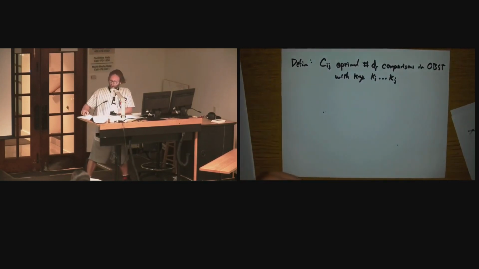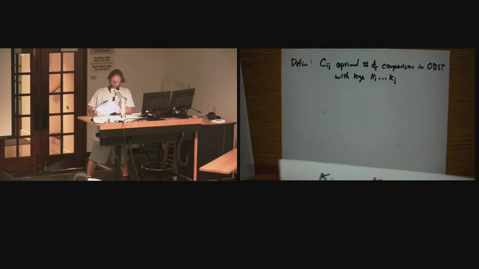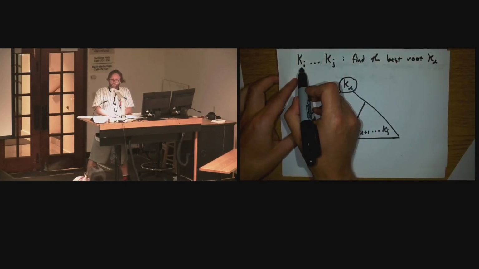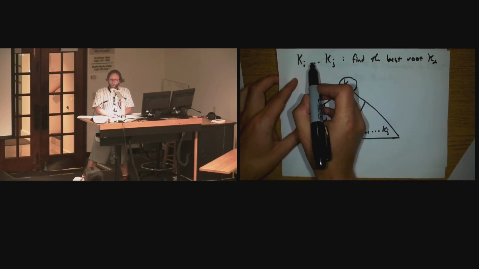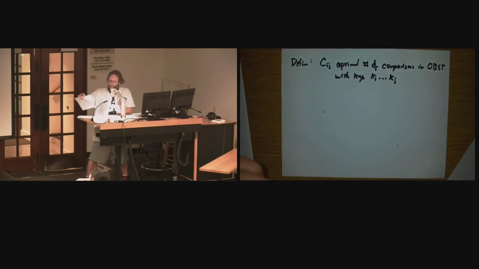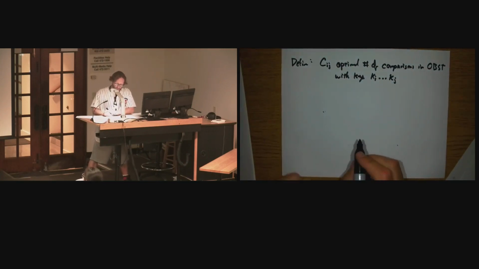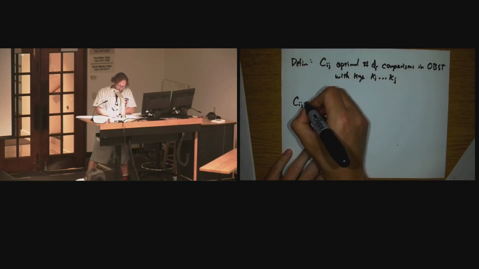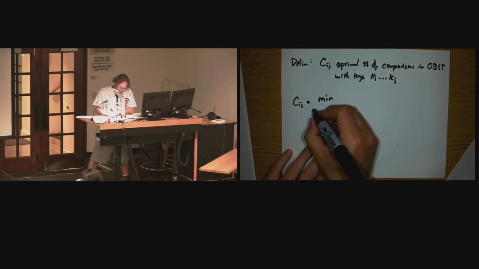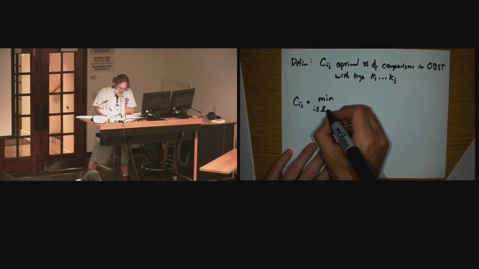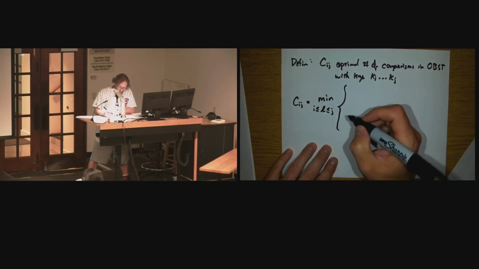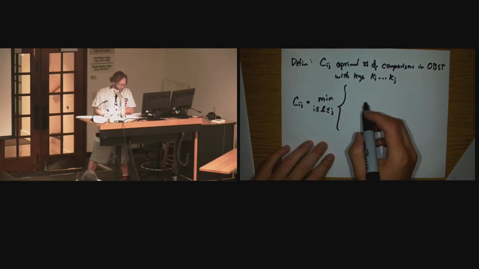Right? Now, I need to find the best split. Well, I could have the best split at i, or i plus 1, or i plus 2, or i plus 3, or j. Right? So I need to consider all of those potential splits. C sub ij is going to be the minimum among i through j of, now here's where my optimal substructure comes in.